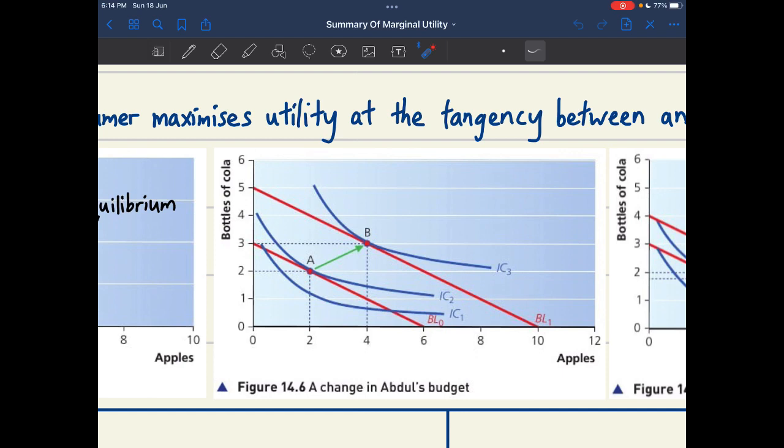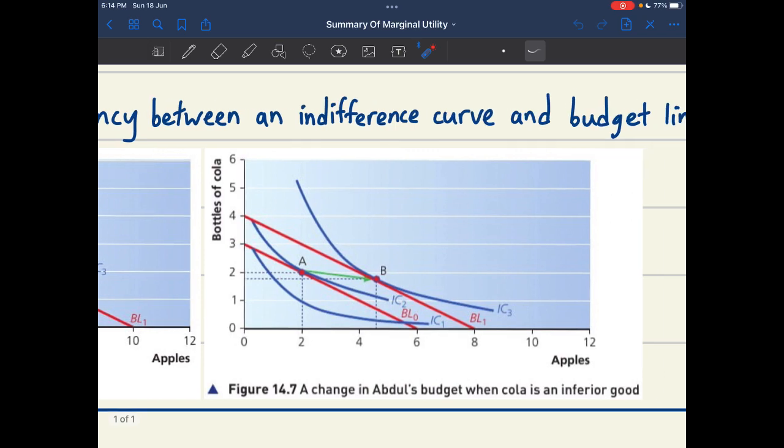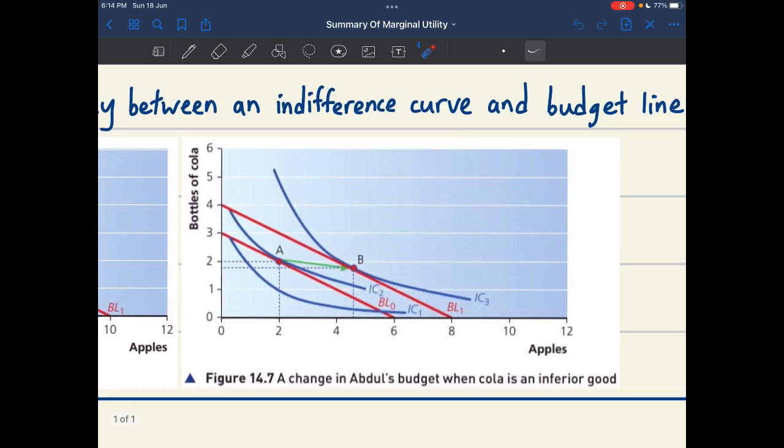So when you shift from IC2 to IC3, instead of 2 bottles of cola and 2 apples, now Abdul would be able to purchase 4 apples and 3 bottles of cola. So this would be a shift up, and then this will be the amount that he'll be able to spend at the moment, as long as it's tangent. And then if you look at change in Abdul's budget, then it will look something like this.